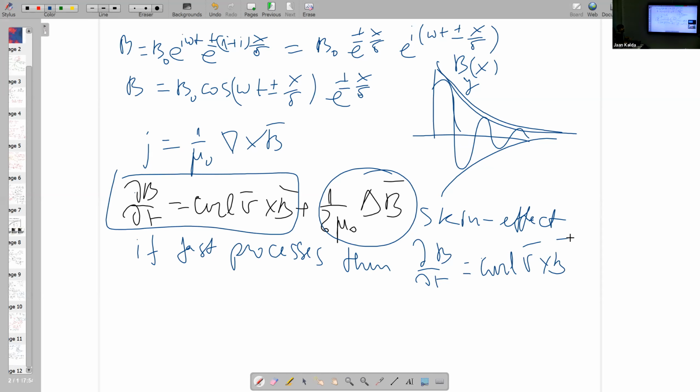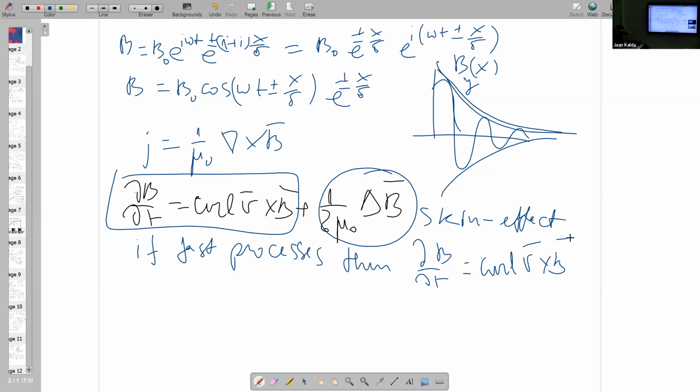And I'm going to motivate it a little more. What we did, we said that we neglect the diffusion term because we have fast enough processes, so we can neglect basically the ohmic dissipation. The Laplacian B term comes because of the Joule effect, with sigma the conductivity. 1 divided by sigma is rho, the resistivity.